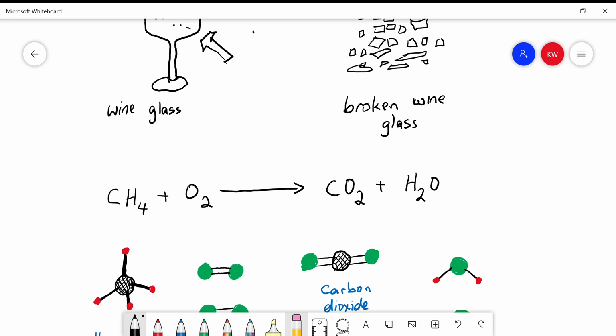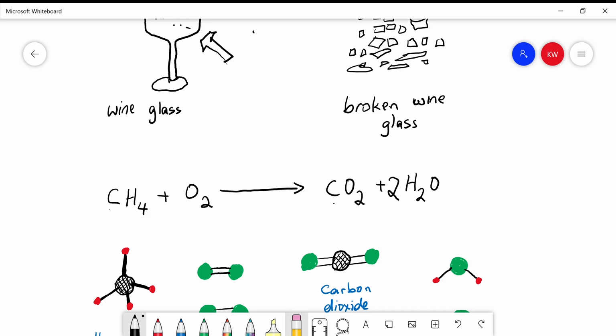Okay, so let's say we have methane, CH4, reacting with oxygen to form carbon dioxide and water. Let's first check if this equation is balanced. We have one carbon here, one carbon here, four hydrogens here, and two here, so we're going to need a two here.